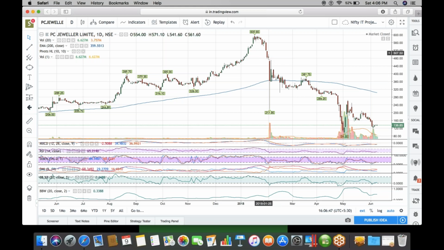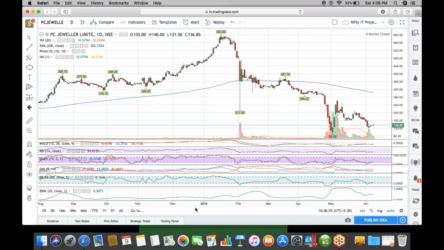This is a high, this is a low, this is again a high which is lower. 600 was the first high, 380 was the second high. Then it again makes a lower low, this one, and again a lower high. This is a downtrend. Now it shows that something is wrong in the company.